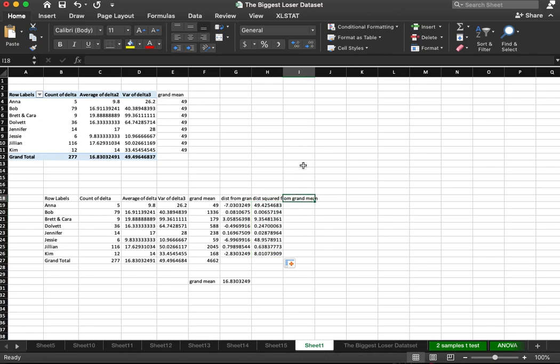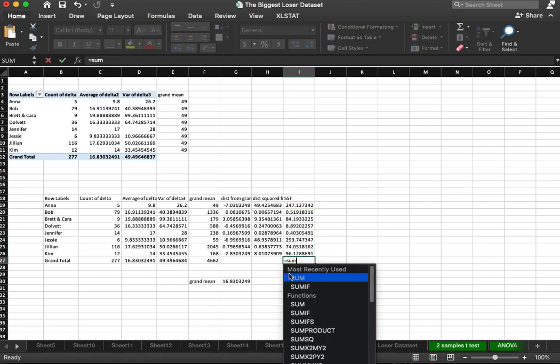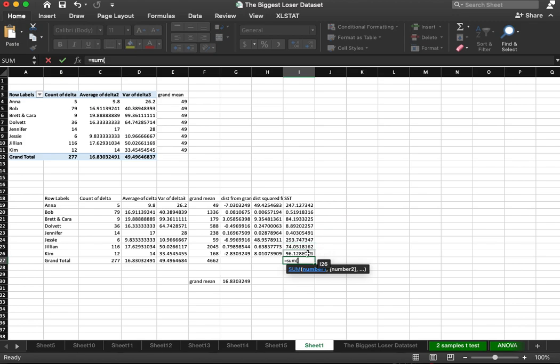And now I can use that to go into my SST, which is the count times the squared value. All of these. And so my total sum of this is here. So I'll just put this here.